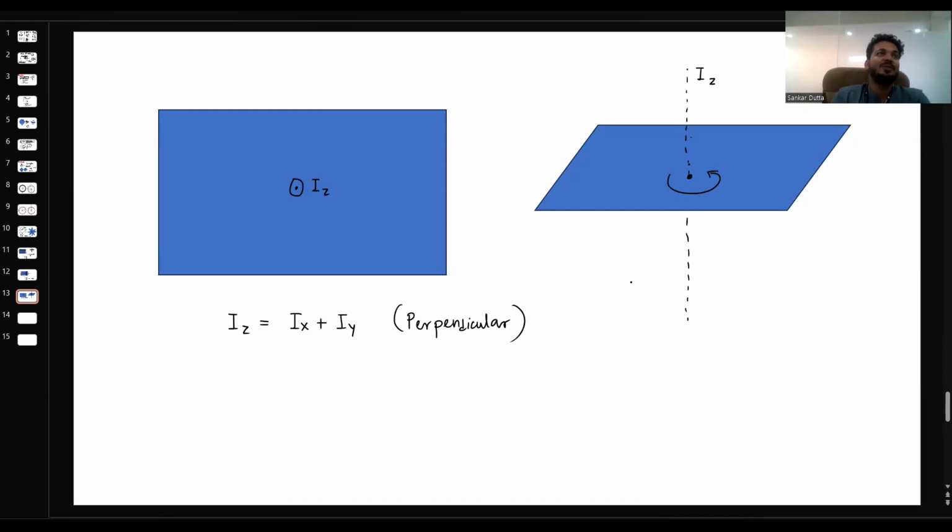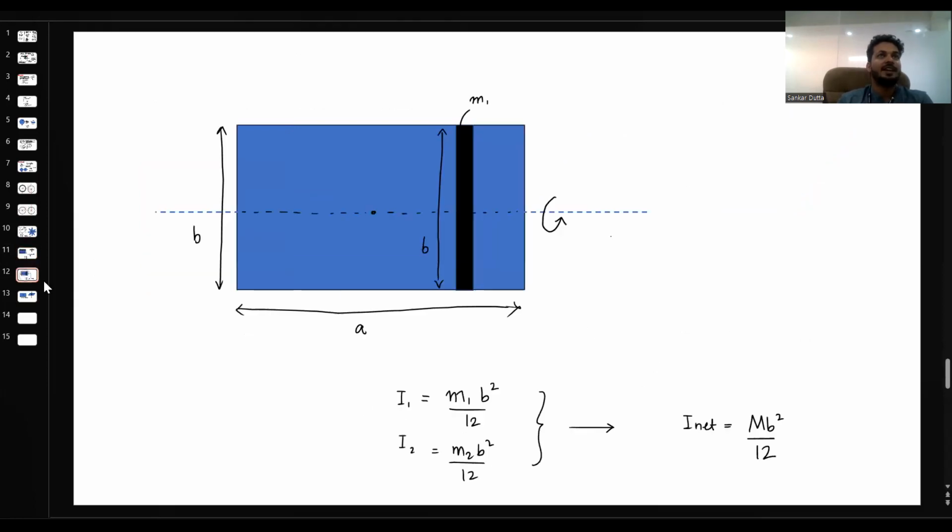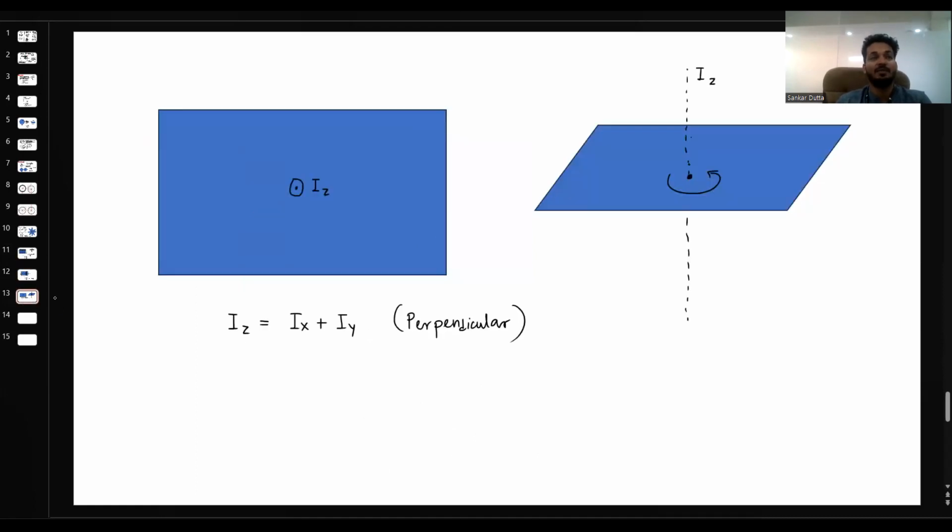But we already know Ix and Iy. Along the y-axis, the moment of inertia is ma square by 12, and along the x-axis it's mb square by 12. This we found out in a different way. They are not equal, but we know the values. So this is going to be M into a square by 12 plus m into b square by 12. So the moment of inertia, if you rotate a rectangle like this, is M into (a square plus b square) by 12. Please let me know if you understood this one.